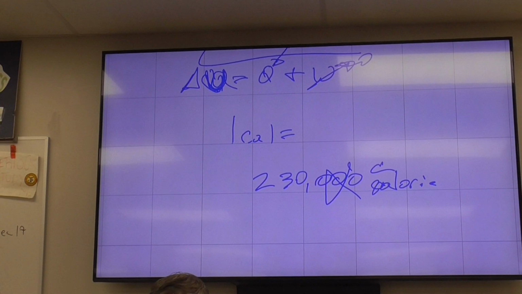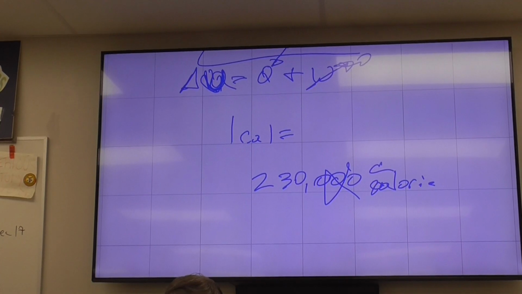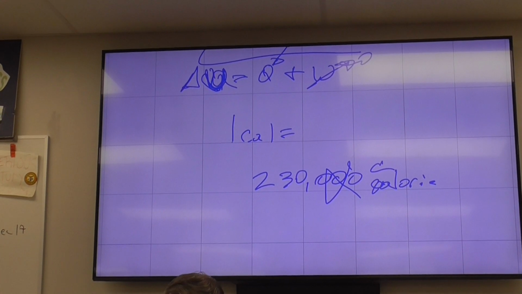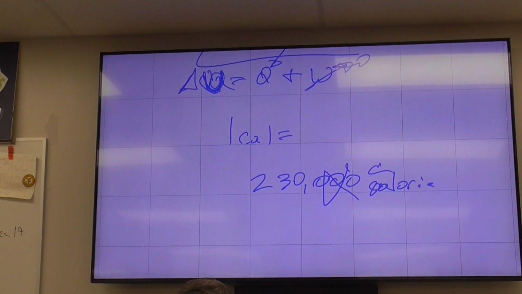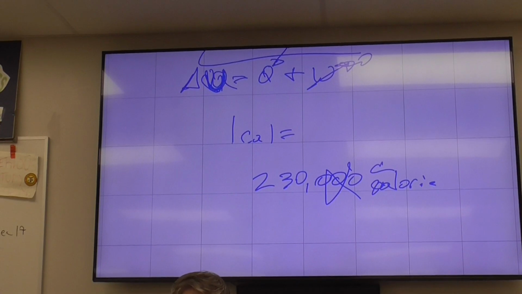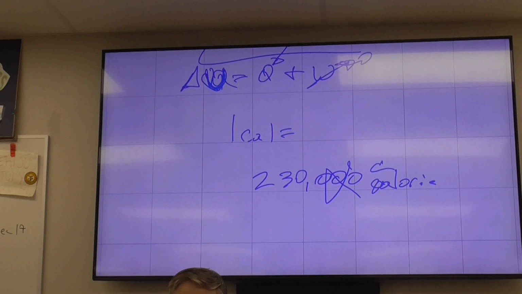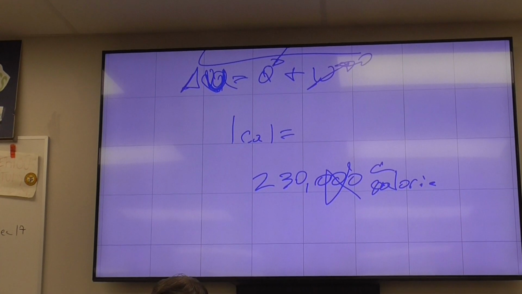Now, when you get to number 8, you have 1 kilogram of ice at negative 10. You want to warm that from negative 10 to 0, melt the ice, warm the water from 0 to 100, boil the water, and then heat up the steam from 100 to 110.